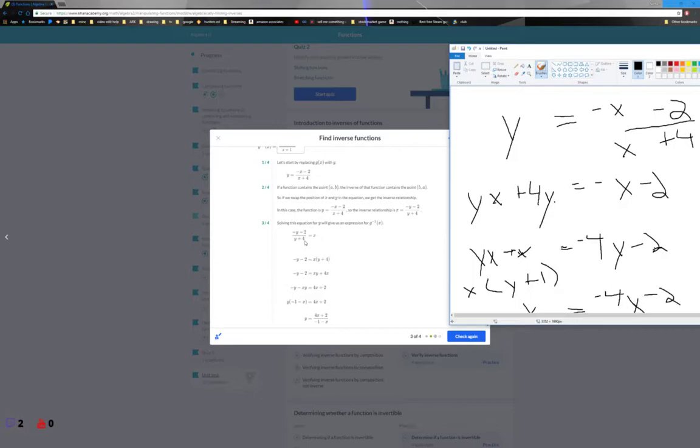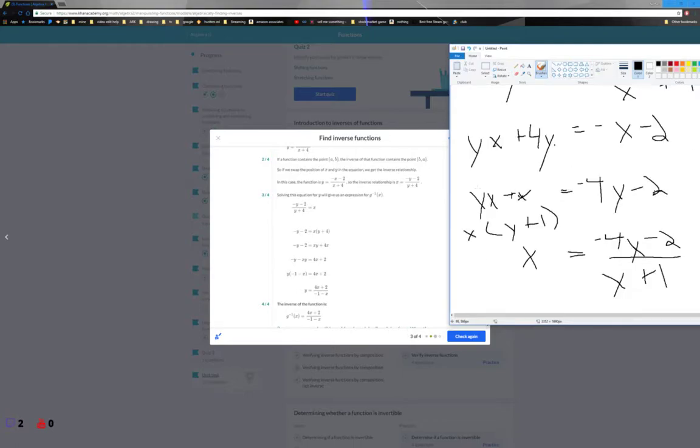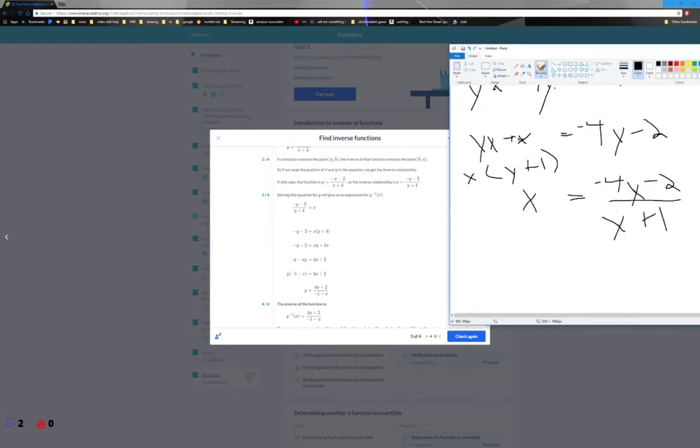Then they multiplied by y, distributed the x, and moved all the y terms to one side. So that's kind of what we did with x. Then they had negative 1 and negative x, and then 4y plus 2.